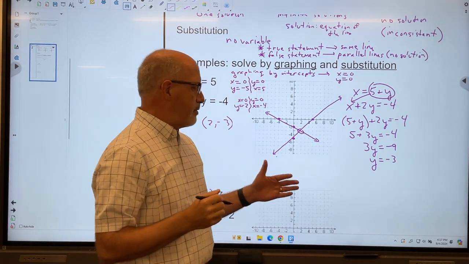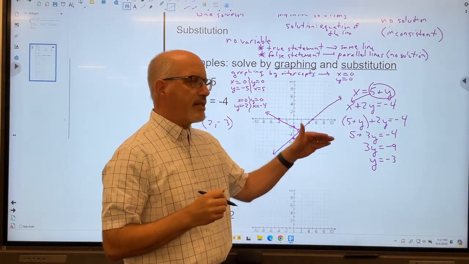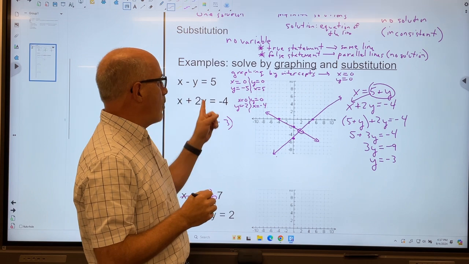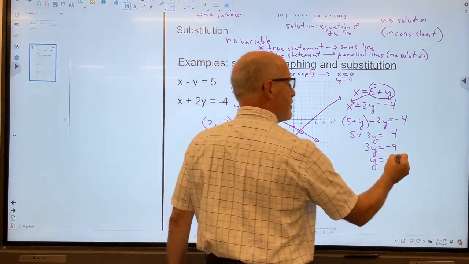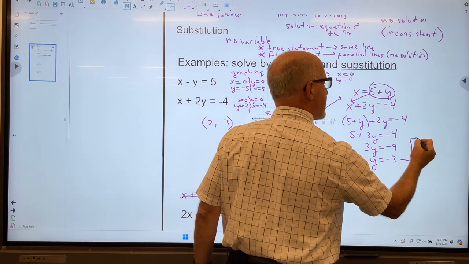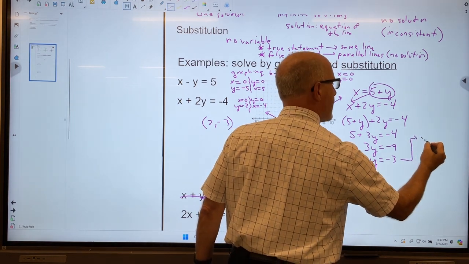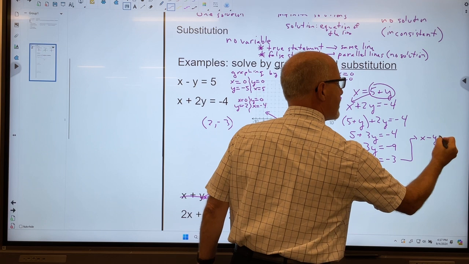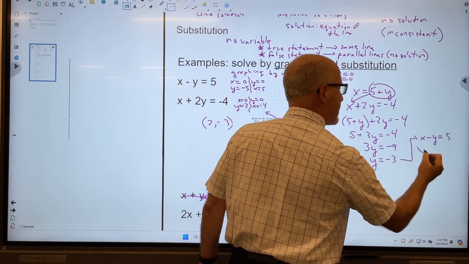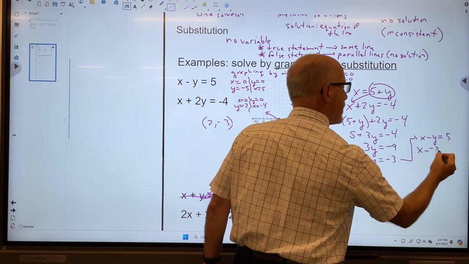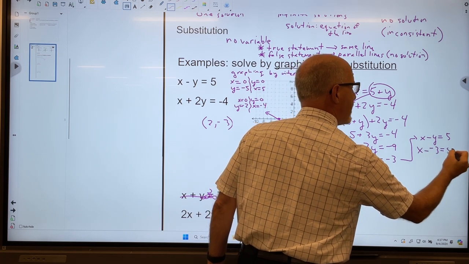Now, in substitution, you have to repeat that process to get the x. I'm going to pick the first equation, x minus y equals 5, and substitute this in for y. So you get x minus -3 equals 5.